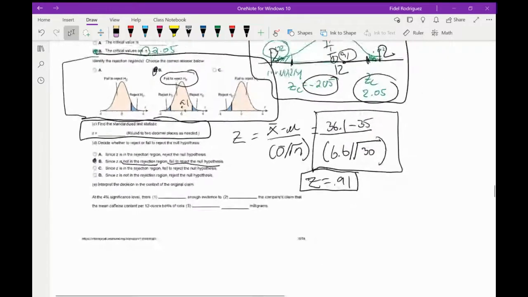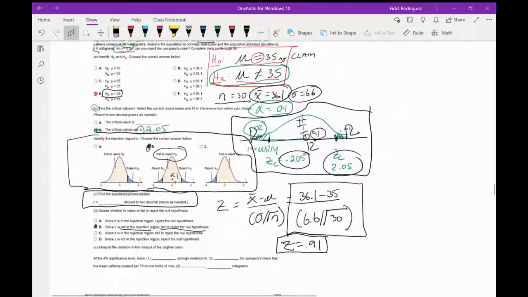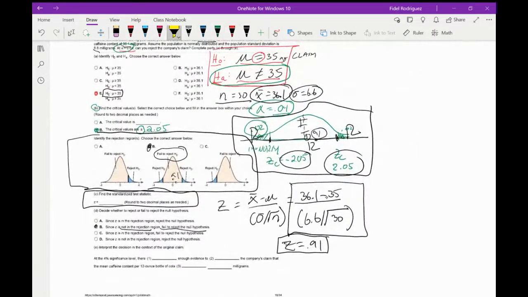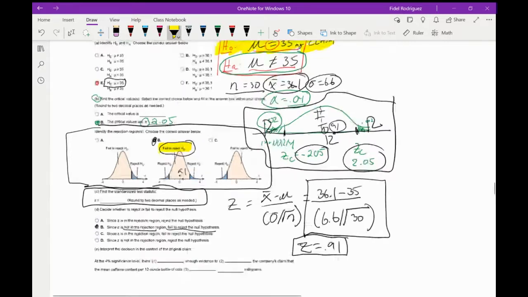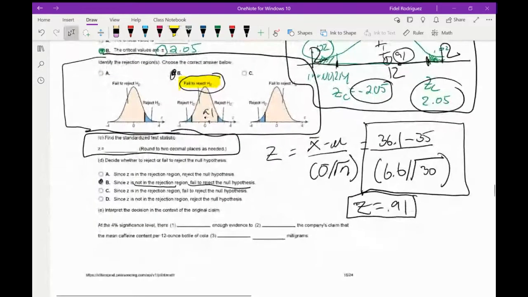I'm going to zoom out a little bit. I want to make sure that we understand. Here we go. Right here. Our claim was the null, and we failed to reject the null hypothesis.